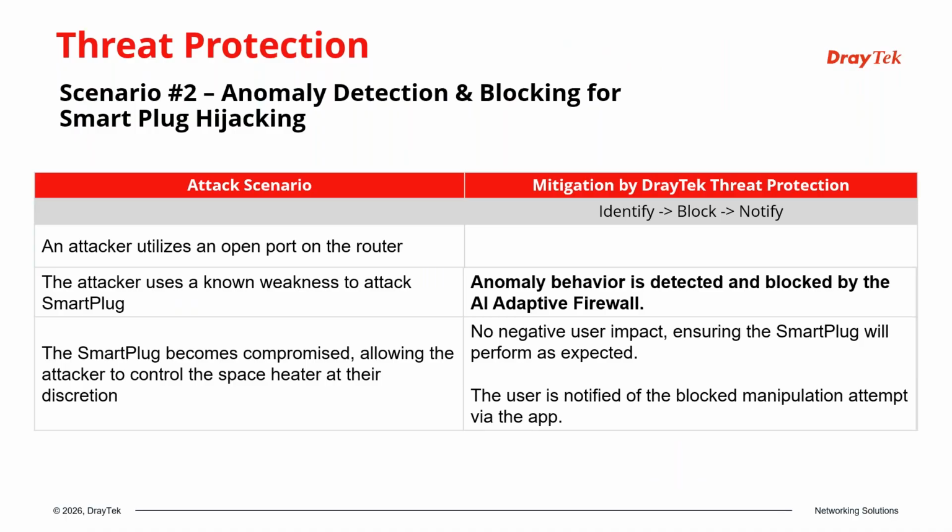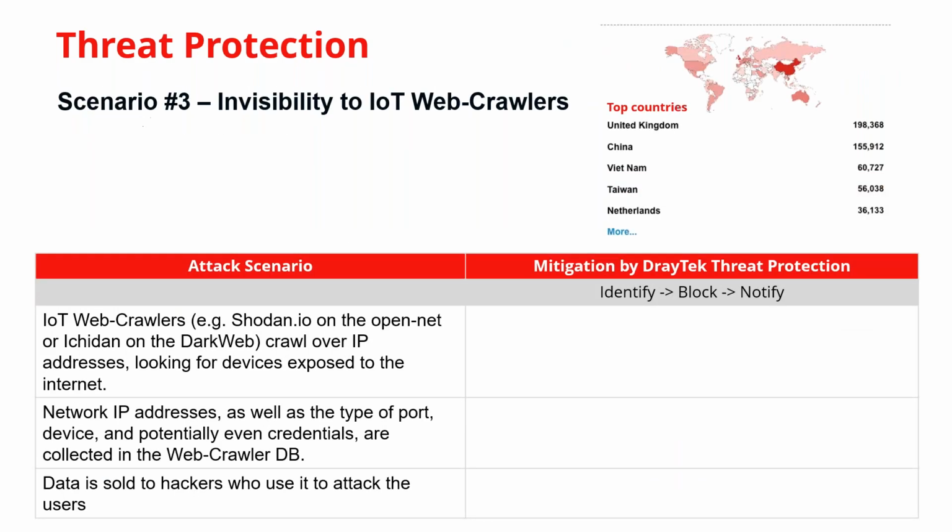So the threat protection could protect, because the anomaly detection can be blocked by the AI adaptive firewall, and this prevents the negative user impact, because the smart plug could then continue to operate as normal, and that would then be reported in the user portal as well, so you could see that the attack took place.